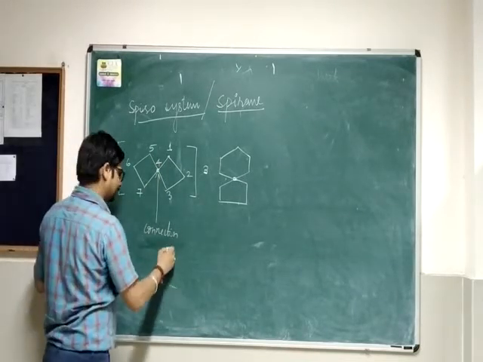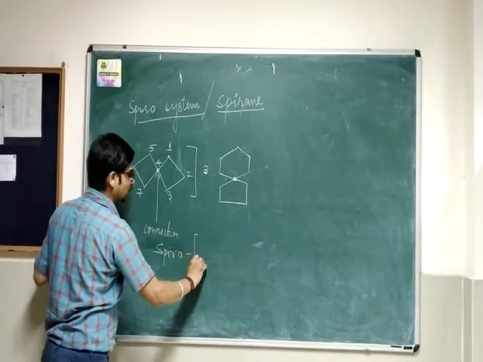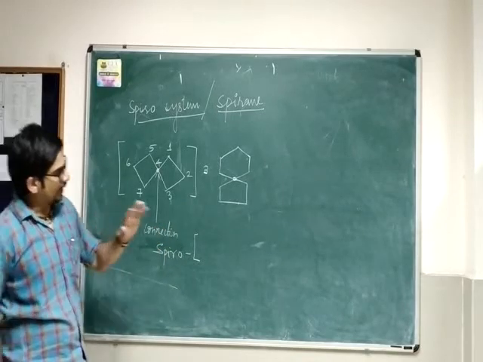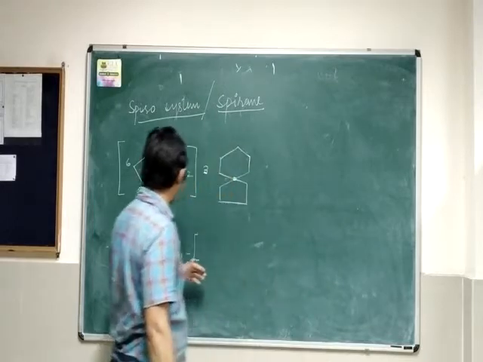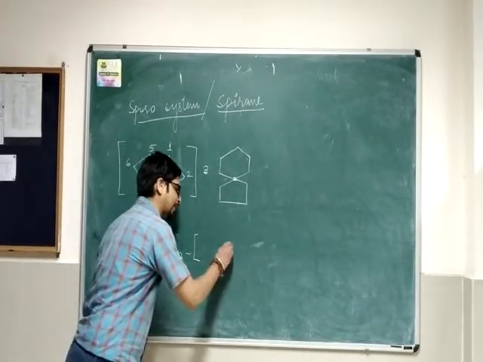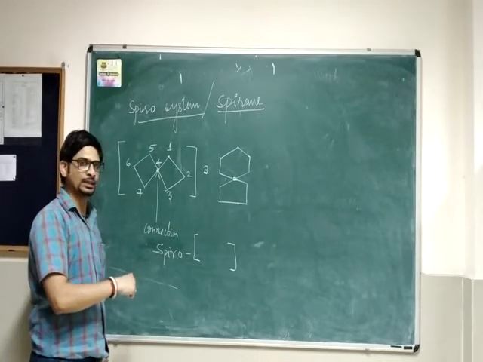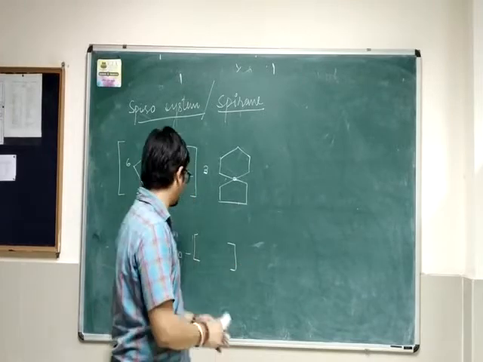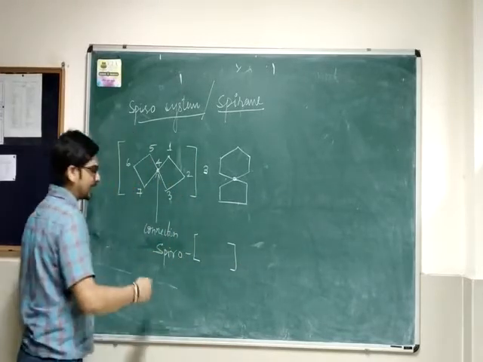So the name becomes spiro. We will put spiro first and in the square bracket in the increasing order. What did we do in the case of bicyclic bridge head? The numbering we wrote in square brackets was in the decreasing order, but here we will write the numbering in the increasing order.